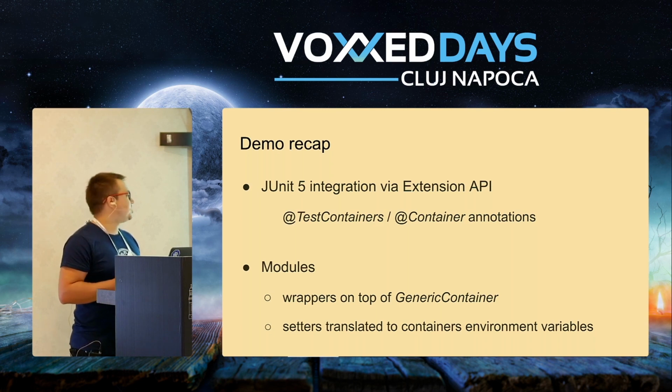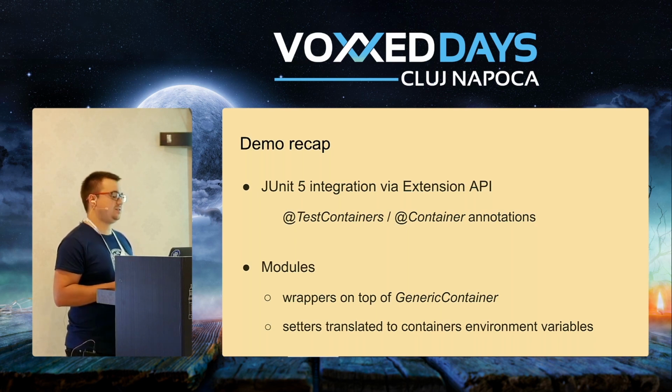And another recap is about TestContainers models. The core class of the TestContainers library is GenericContainer, but those models are wrappers on top of that class, customized for specific databases.